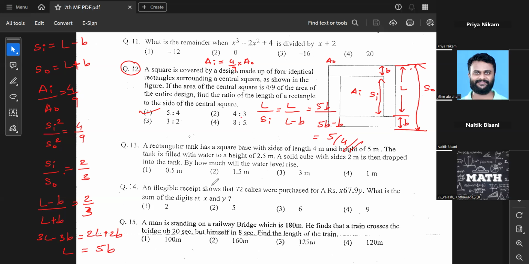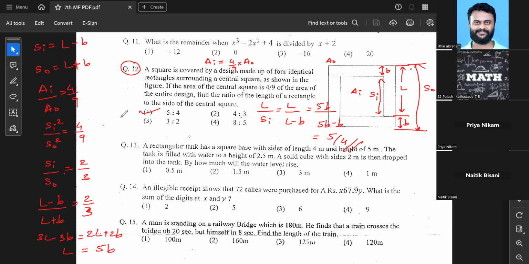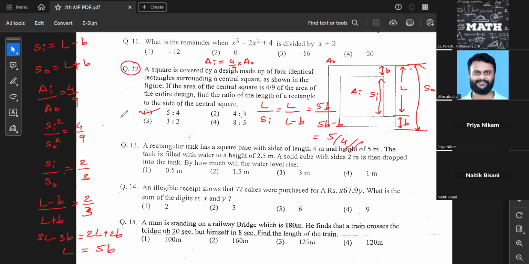One minute, sir. I'm noting this down. Shall I erase and proceed further? Yes, sir. One moment, sir. Sir, can you please do question number 14?